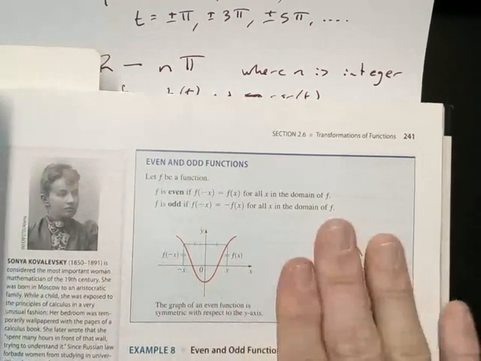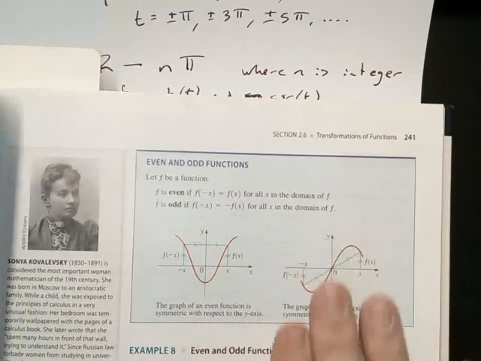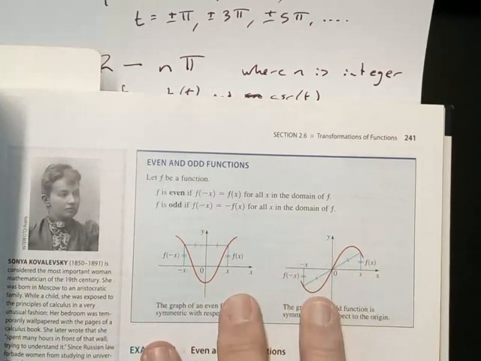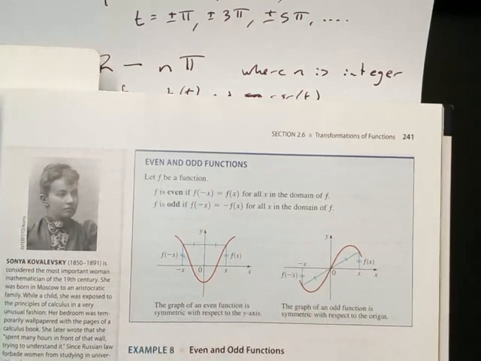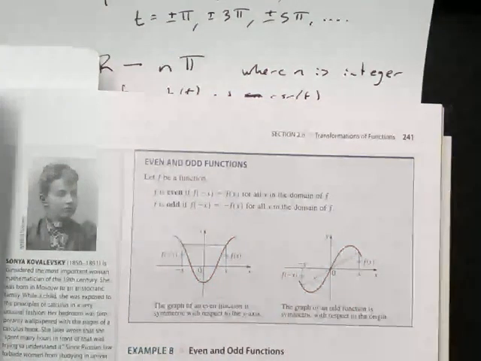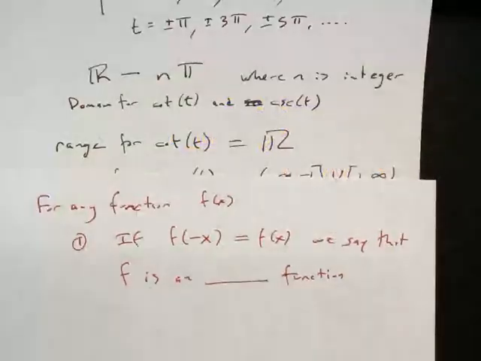This is now another way I can think about the algebraic properties of a function. And again, I'm going to go back and write this definition in our section so that I can start thinking about this.